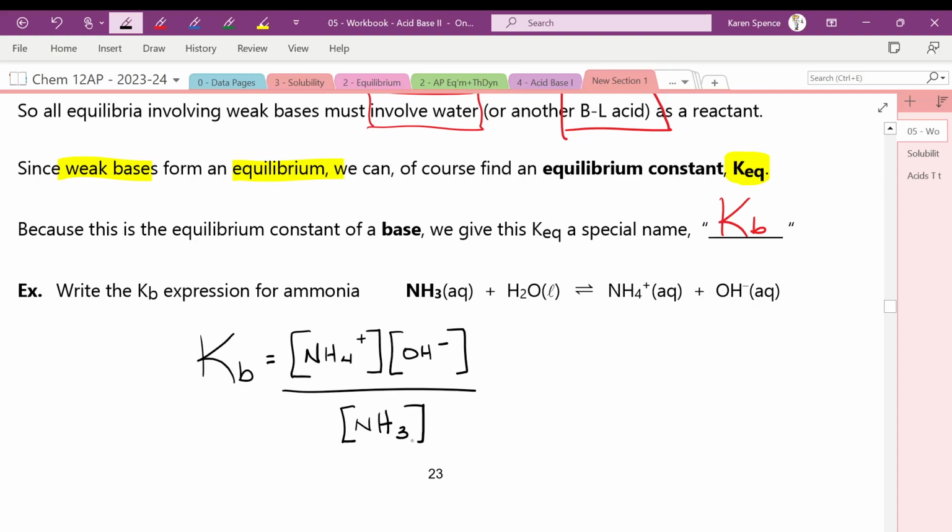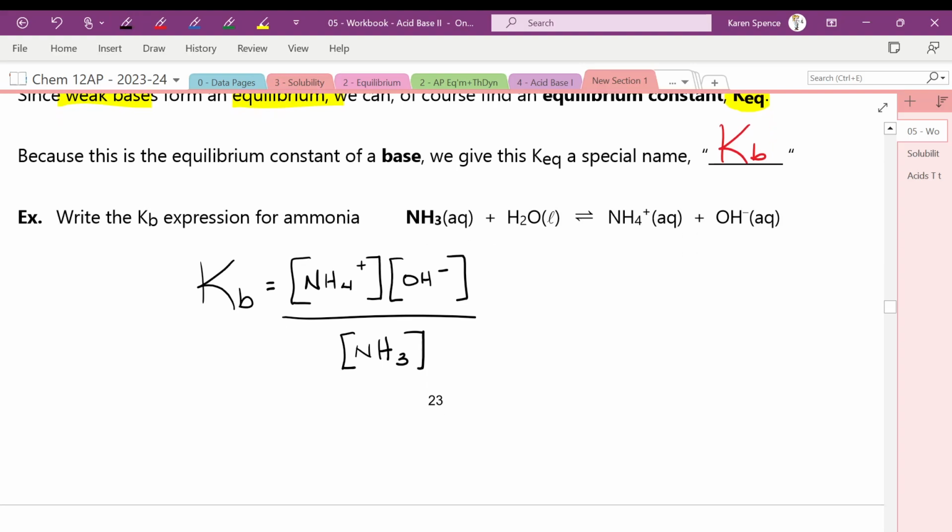Why is there a charge on your NH3? Is there a charge on NH3? No. Okay, that's right.